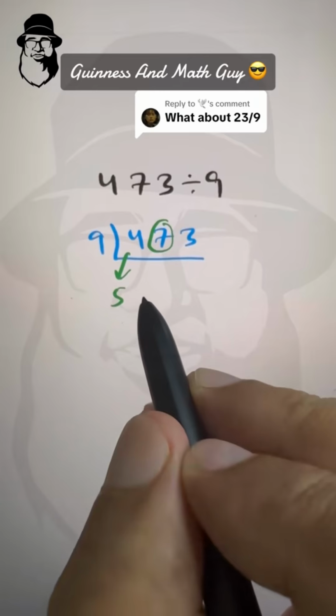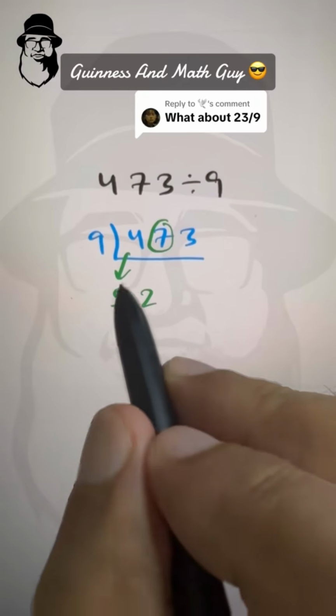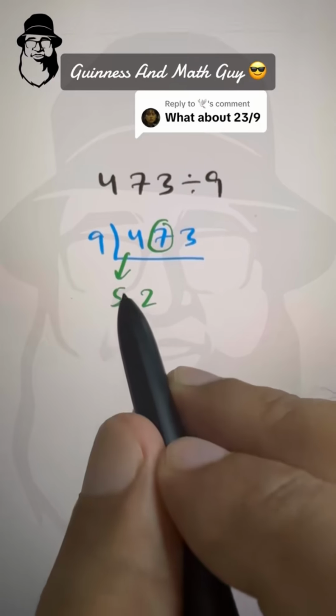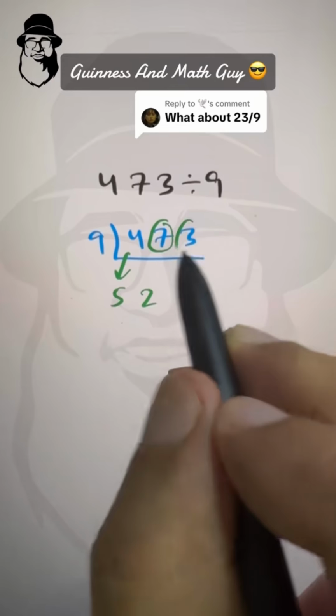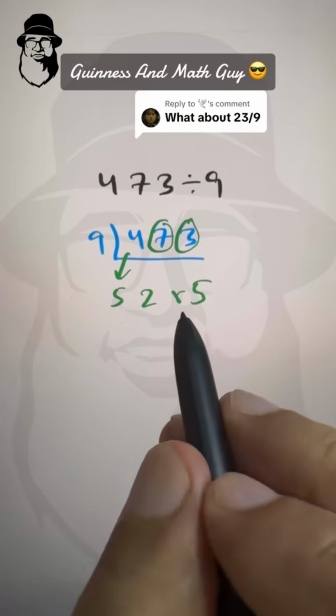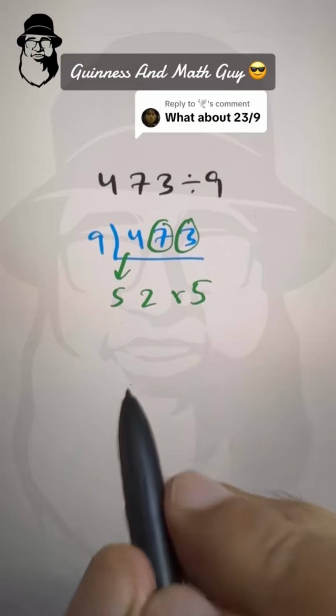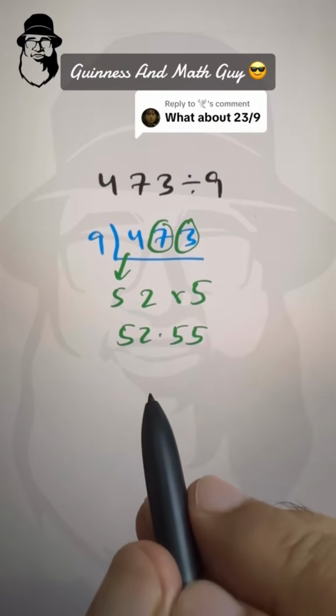In 12, we write 2 here, and 1 is already taken care of when we increased 4 by 1. So this is our answer. Then in the last step, 2 plus 3 is 5. So we write remainder 5. This is the same answer that we got, 52.55. This is a much easier way.